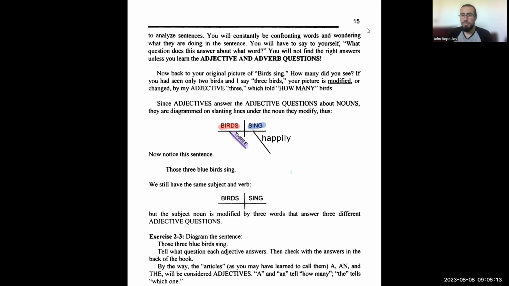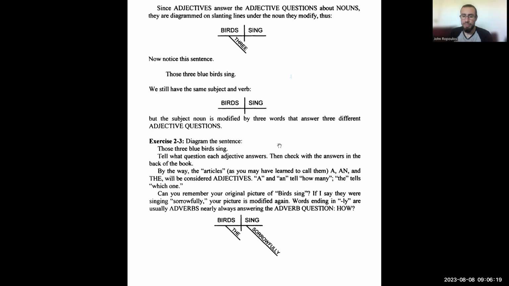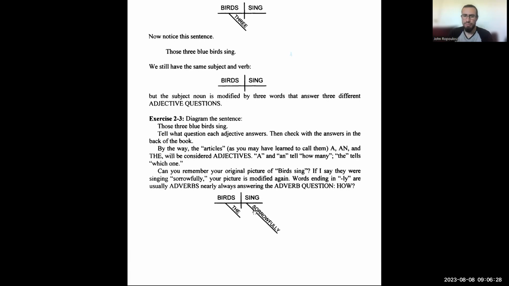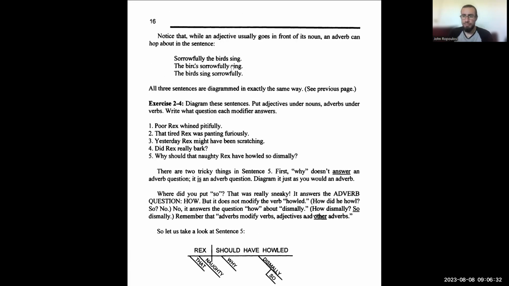So read through this. We don't have to read every little bit, but read through what she says here. Here's another example. The birds sing sorrowfully, right? So you can actually read these diagrams backwards back into sentences. Now, she has an important note here, and I can't emphasize this enough.